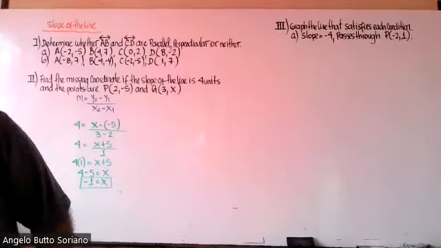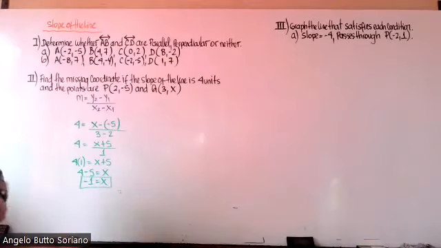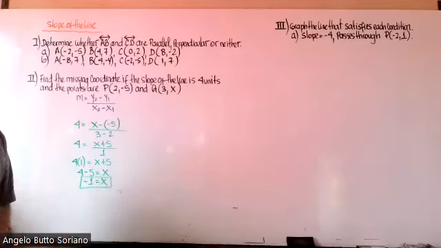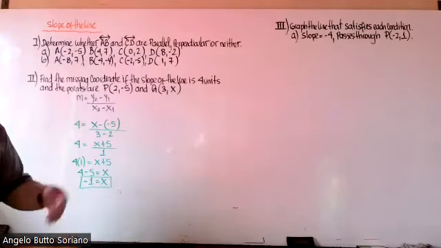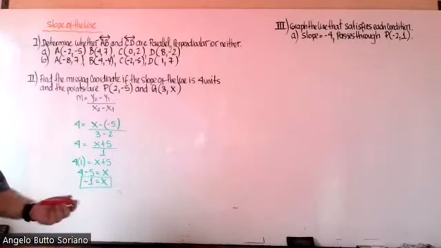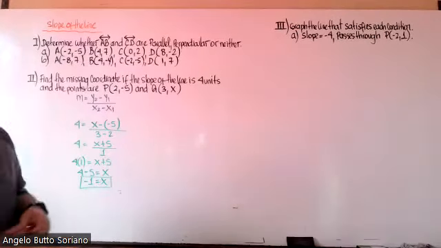Okay, in this example, obviously we have to graph, all right? But to determine the graph, we have to determine what the equation of the line will be. In this case, the problem gave us the slope of the line and one single point. Remember the formula for the point slope form?